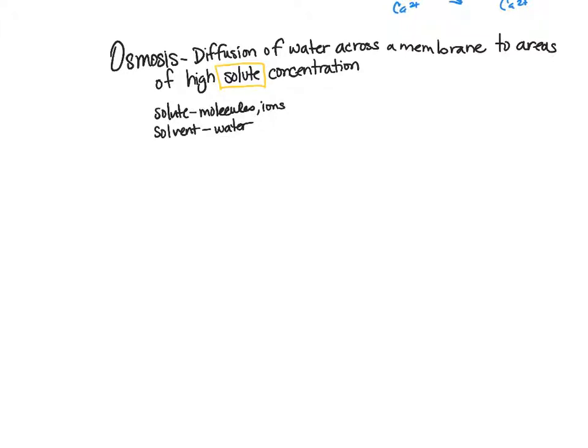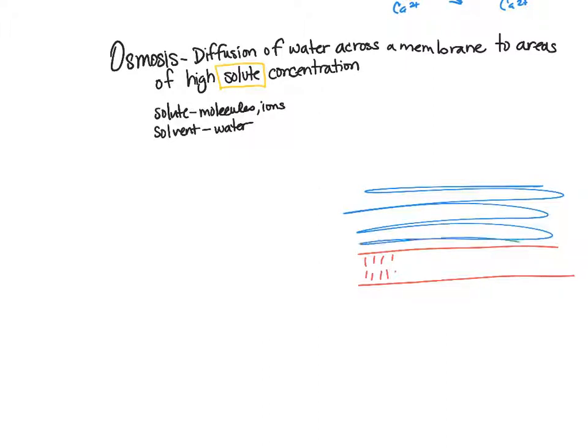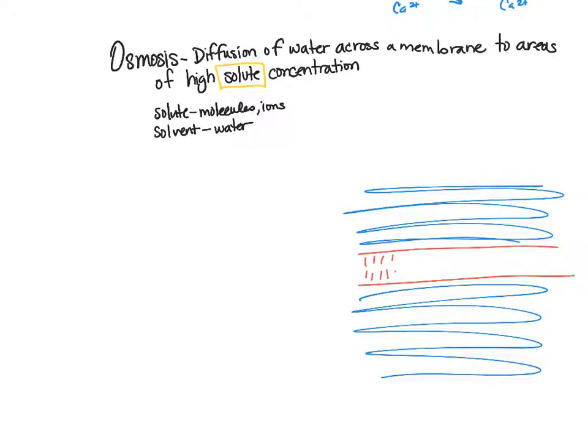So water is the liquid, and then we have these things floating around, these molecules, these ions, which are the solutes. So when we have our plasma membrane, this is the bilayer here. Now I'm getting even more simplistic here. So our plasma membrane is here. We have lots and lots of water up here, lots and lots of water down here.